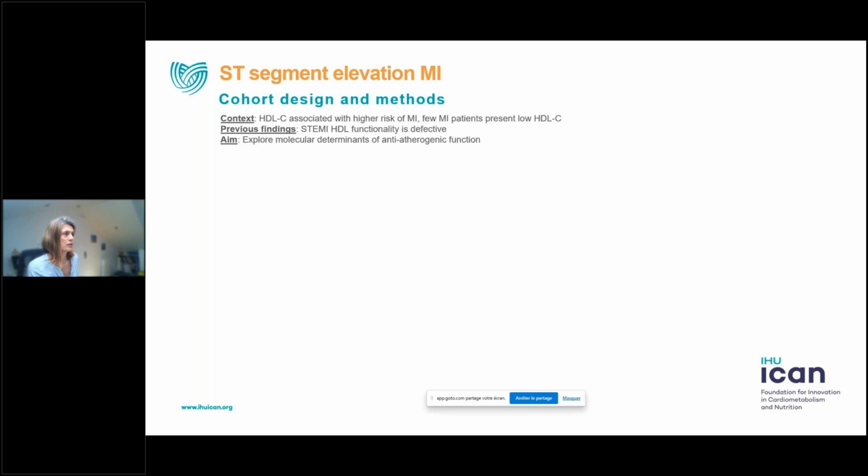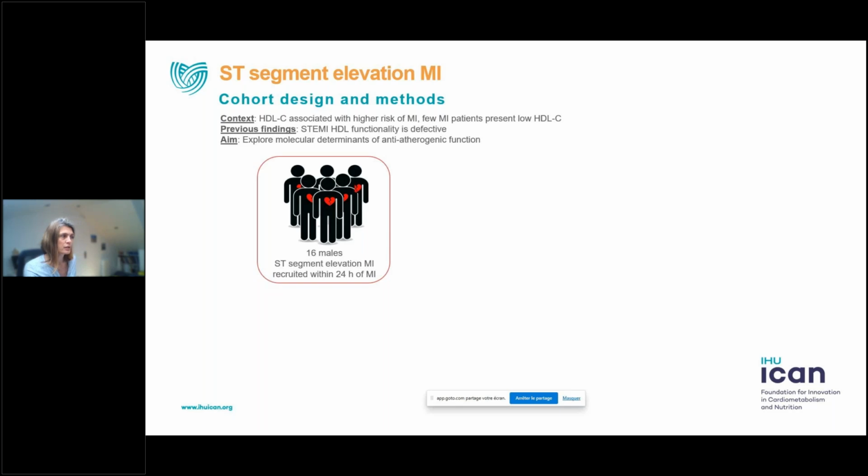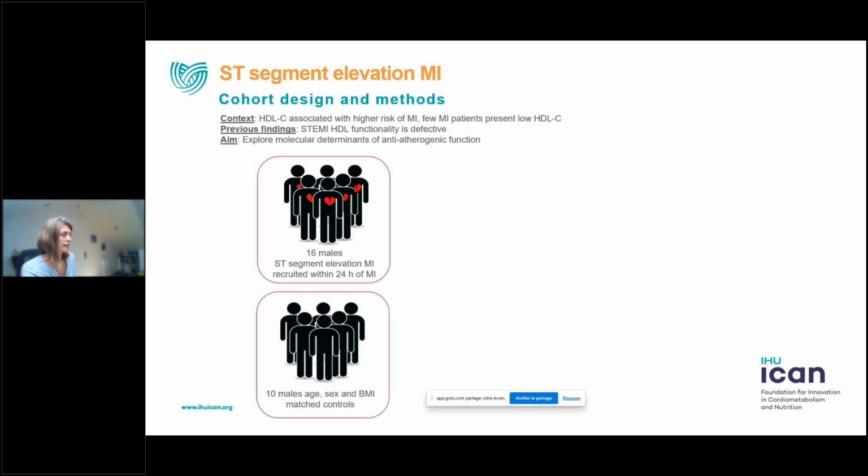We found previously that STEMI HDL functionality was defective, and that's why we propose in this study to explore the molecular determinants of this dysfunction in HDL subpopulations. So to do so, we recruited 16 males within 24 hours of myocardial infarction and 10 males matched for age, sex, and BMI.